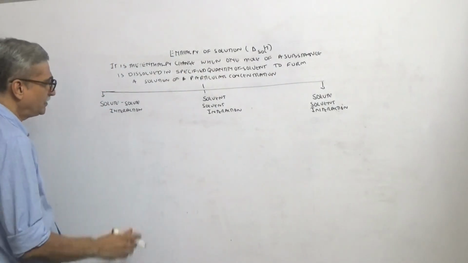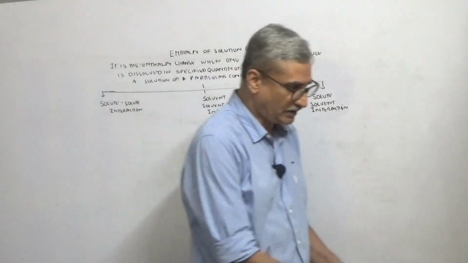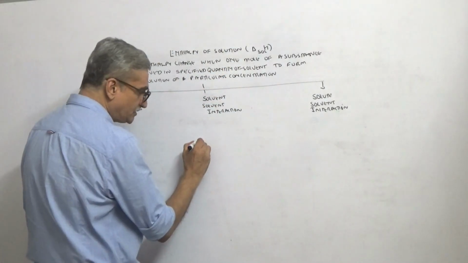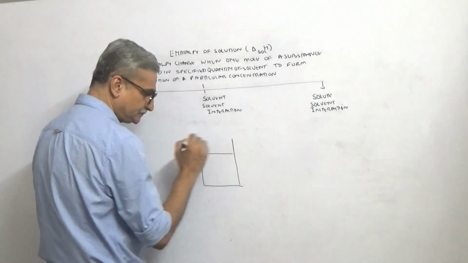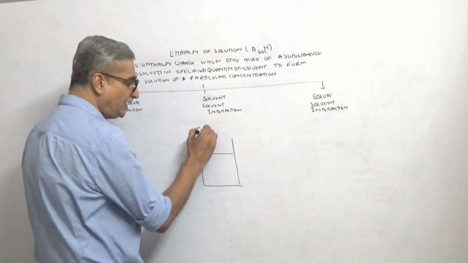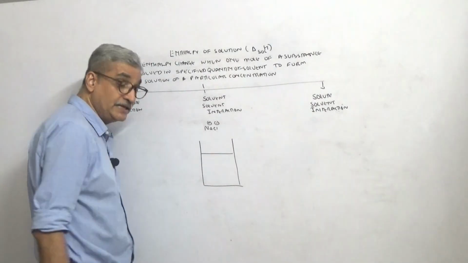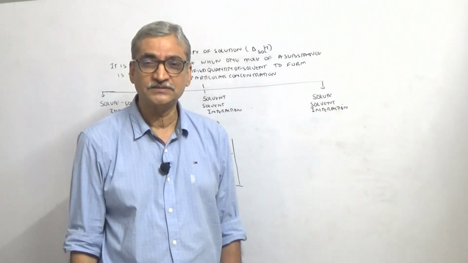So now, what does it involve? Suppose you put, let me explain this, suppose you put NaCl in water. So you put NaCl, an ionic compound. Now NaCl was a solid when you put it. When you put it in water, what happens?